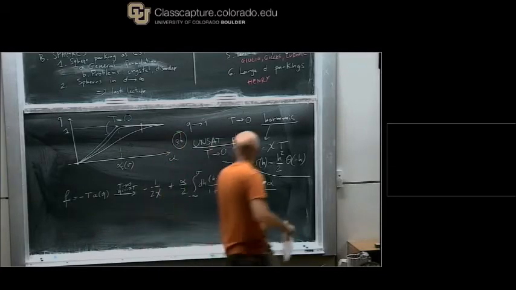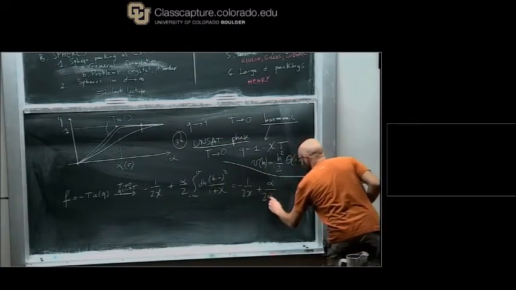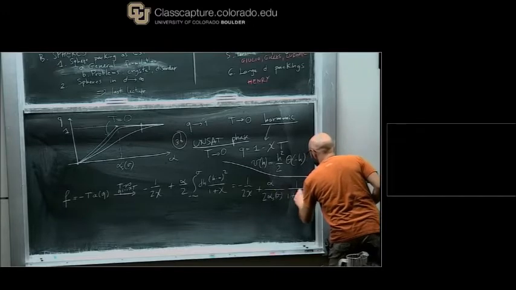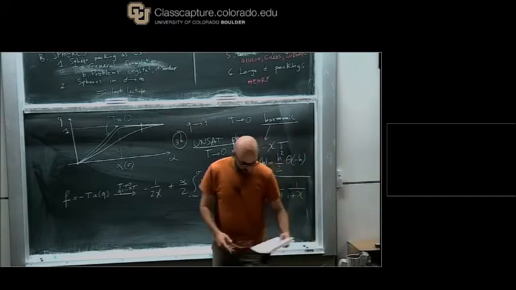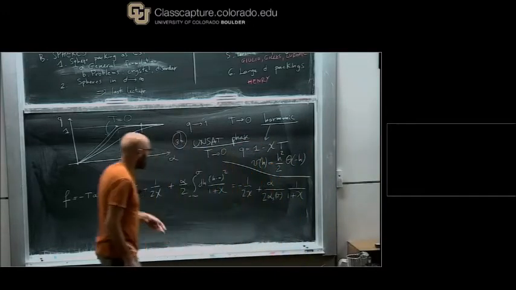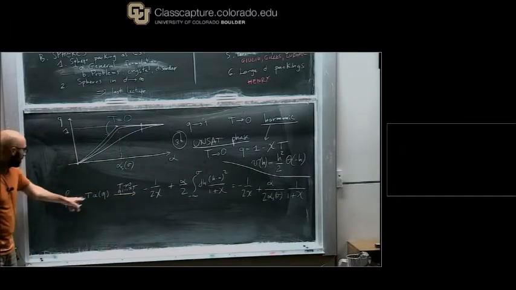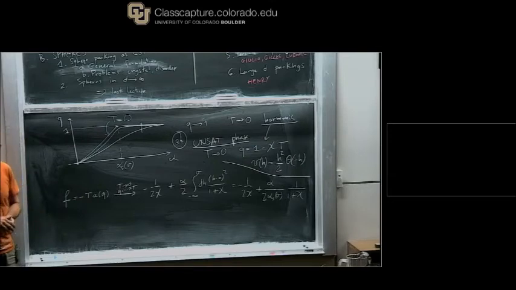So this will be alpha over alpha s of sigma times 1 over 1 plus chi. So this is the free energy in the zero temperature limit in the unsat phase.